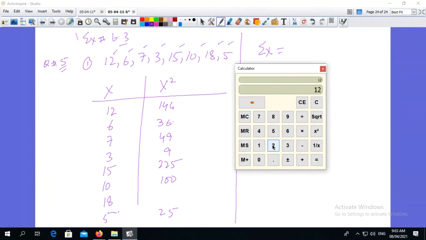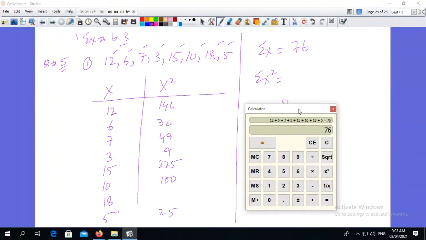For the sums, we take the calculator and add them. We have 12 plus 6 plus 7 plus 3 plus 15 plus 10 plus 18 plus 5, and we get 76. Now we add the squares: 12 square is 144 and 18 square is 324.